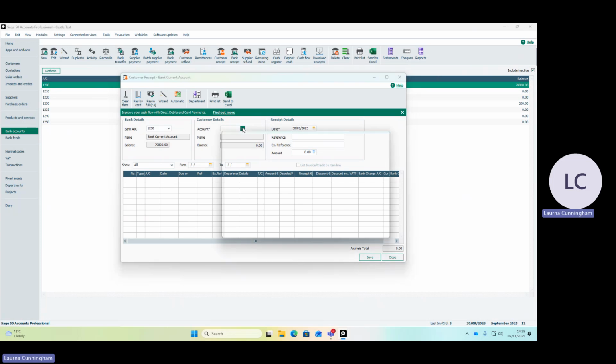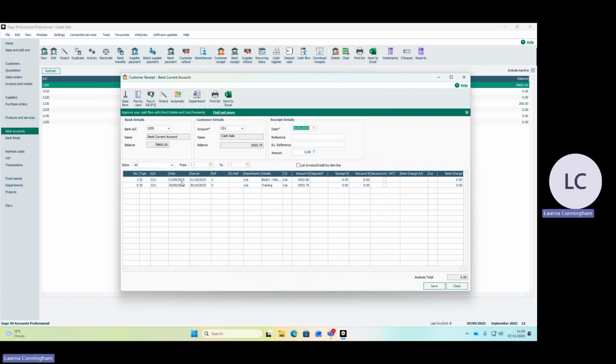If I query the cash sale account, I see that I had two transactions from our cash sale customer. I need to say that money physically came in on the day because the person didn't leave my shop without paying me. So on the 1st of the 9th, 2025, I had a reference of cash sale number 3.